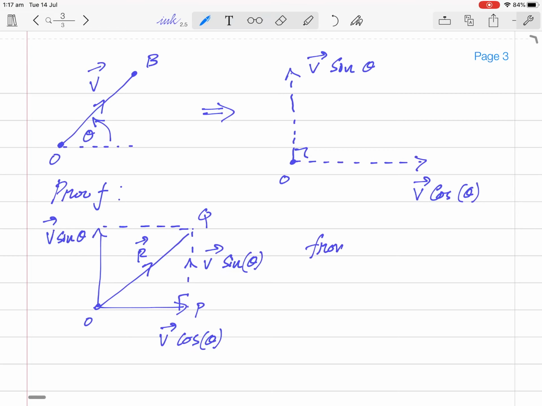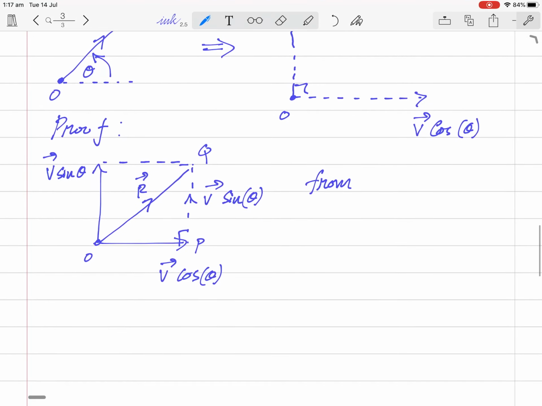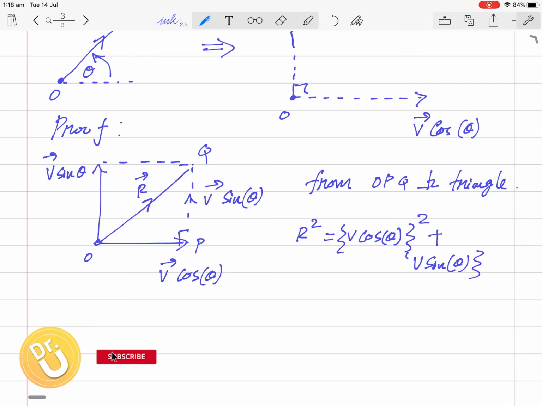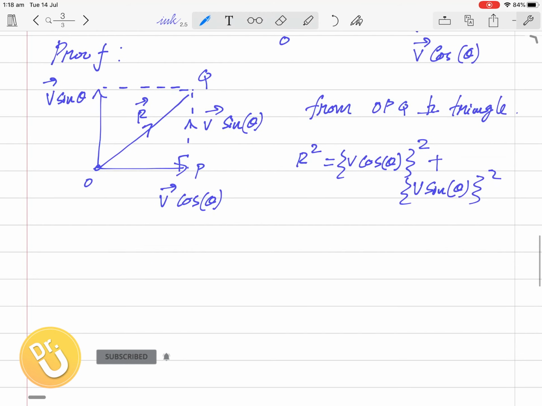So from OPQ, right angle triangle, one can use the Pythagoras theorem, so that R squared, I'm taking the magnitude of the R resultant vector, R squared is equal to V cos theta the whole thing squared plus V sin theta the whole thing squared.